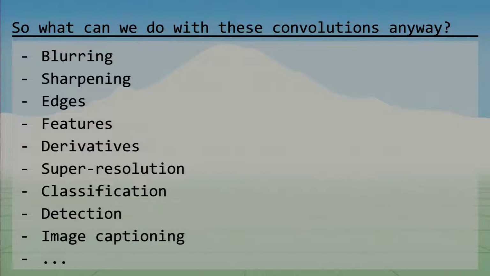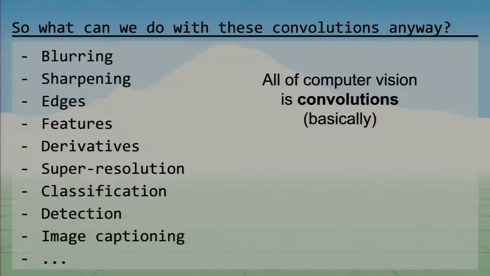Things like super resolution, if you want to make an image a lot bigger but still maintain some of the detail in it. All of the applications that we talked about, classification, detection, image captioning, tons of different stuff are built on top of these really simple building blocks. Basically, everything that we do in computer vision is just using these convolutions to extract features or just do the whole process for us.